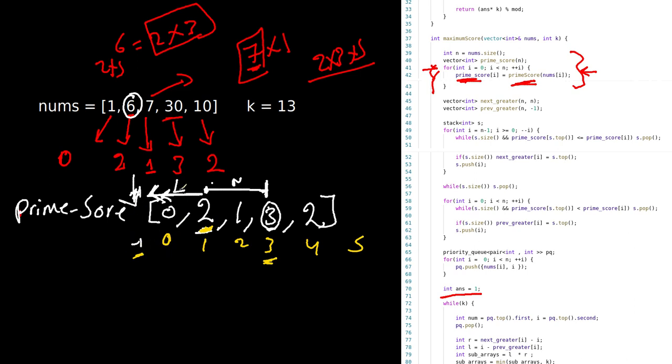Notice that on the left side we take equal, because if there is a number like 2 here, we should stop here, because 2 is equal to 2, and if we include both 2s, this will not be the unique maximum. So this should not be included.